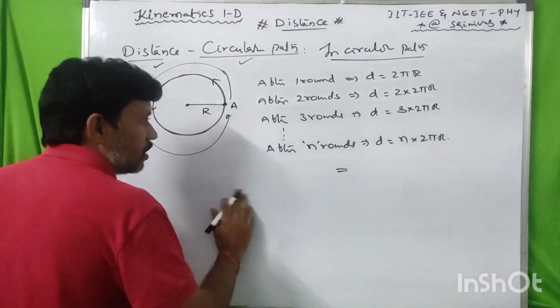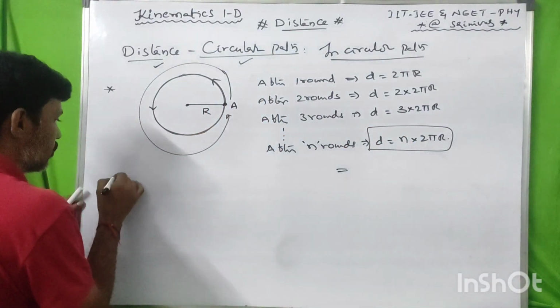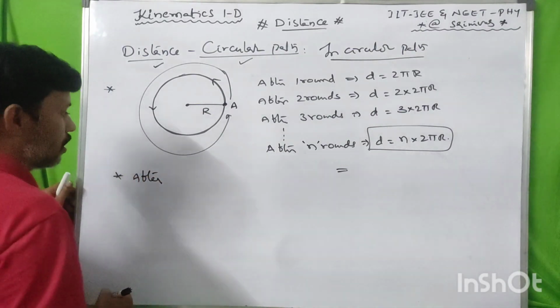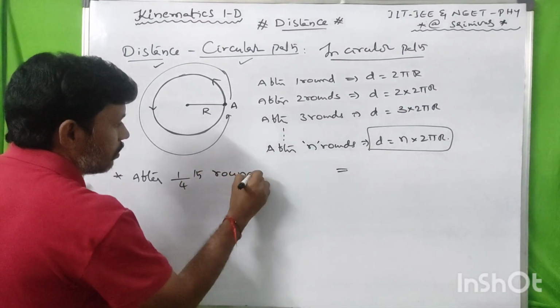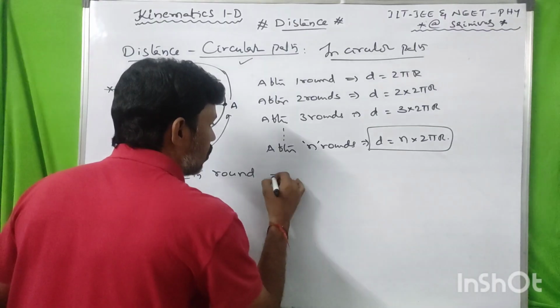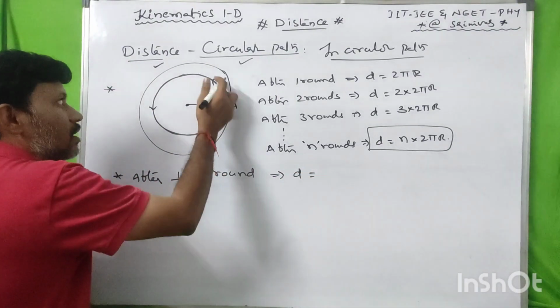Now next, by using this one, see now after 1/4 complete round, D is equal to, then 1 by 4th means from here to here.